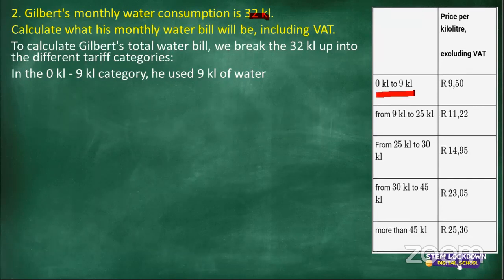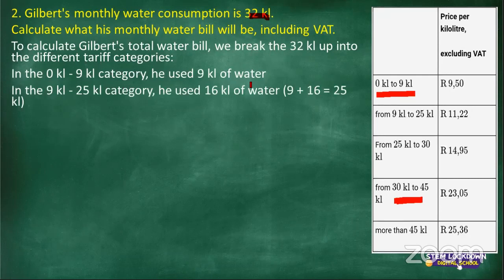We start from 0 and work our way up to where the total is given to us. In this case, the total is 32, so we will end somewhere in the later categories because that's where 32 kiloliters falls. But let's move step by step. In the 0 to 9 kiloliters category, he has used the whole 9 kiloliters of water.